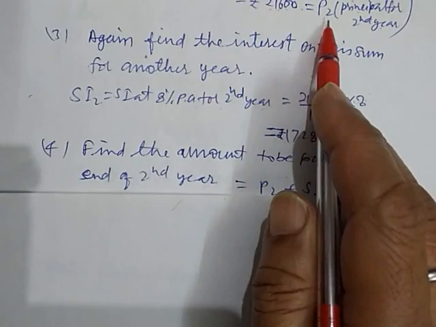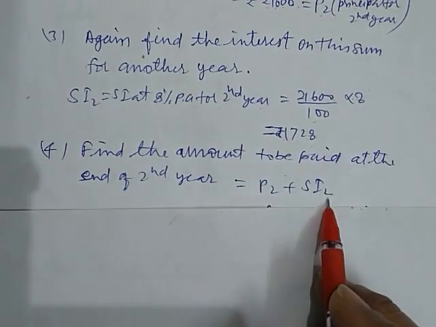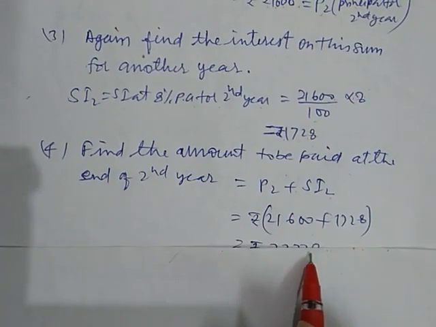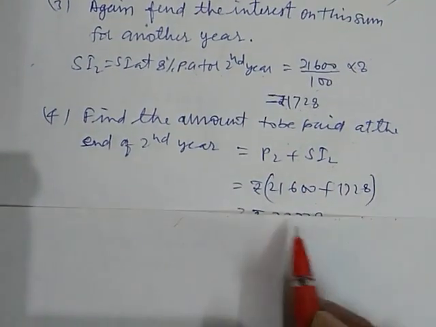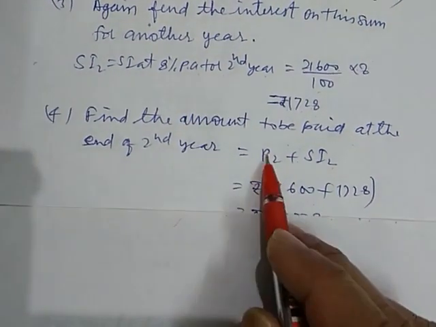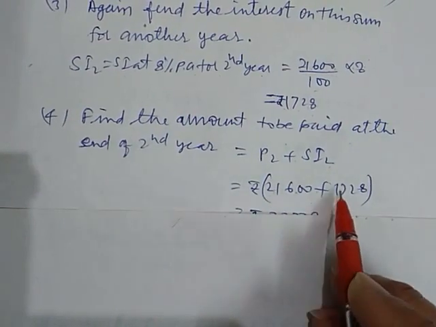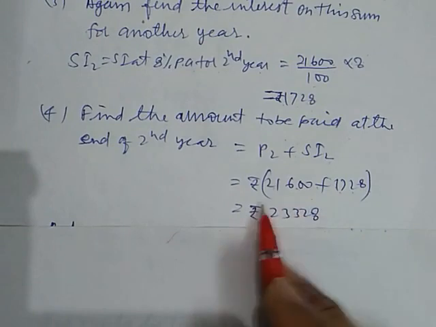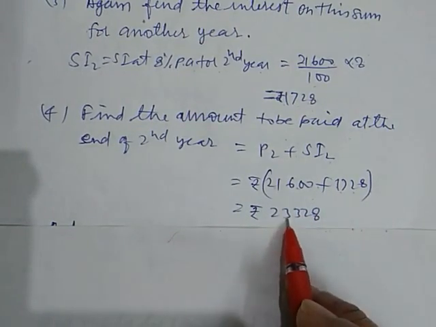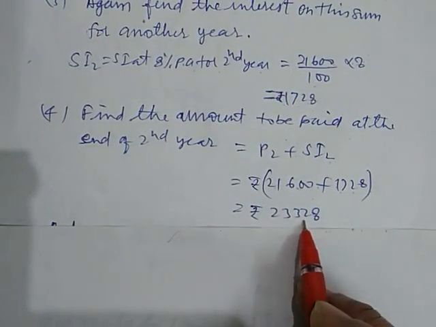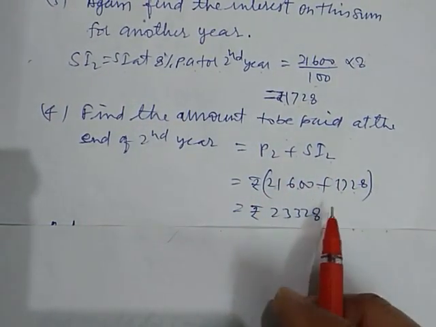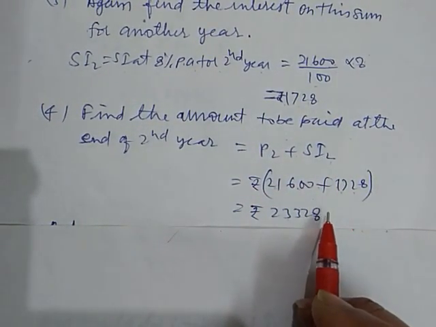Now this principal amount plus the simple interest of the second year is added, and we get the amount paid for the second year. So P2 is 21,600 plus 1728, the interest for the second year. We add them, so we get rupees 23,328.